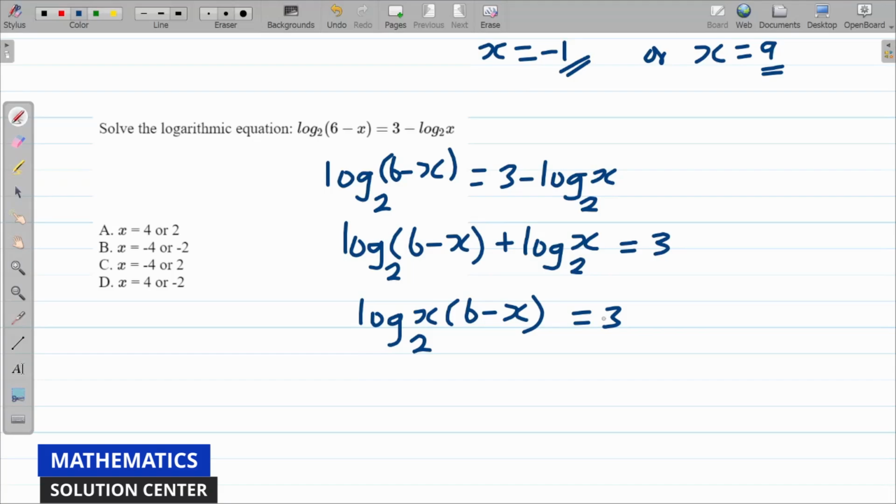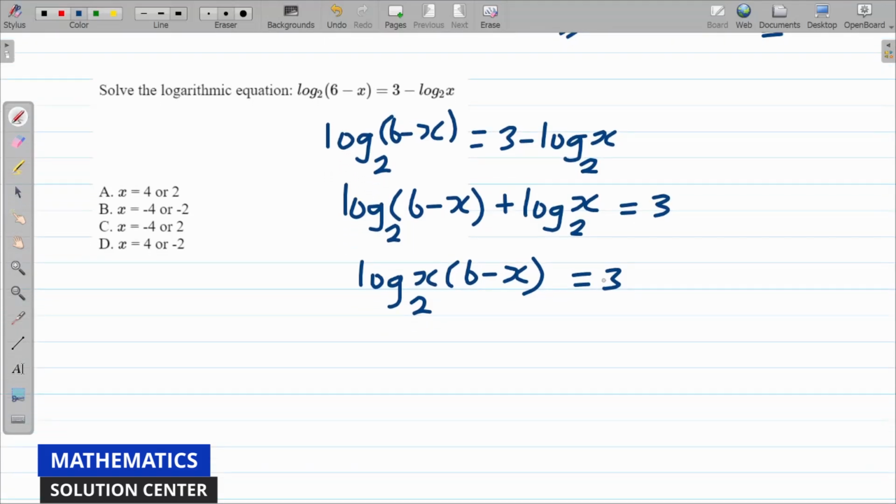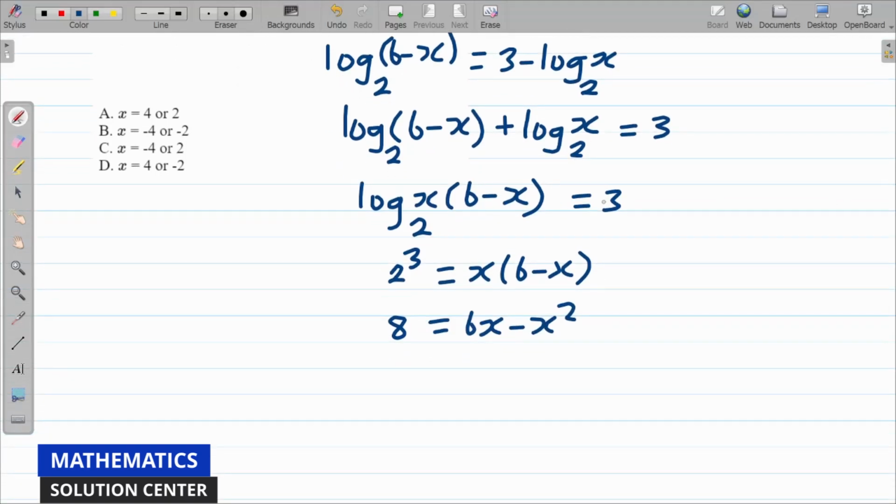Then we convert the logarithmic equation to index form. So it means that 2 raised to the power of 3 is equal to x into bracket (6 minus x). So we have 8 is equal to 6x minus x squared. So take everything to the same side, bringing everything to the left hand side.